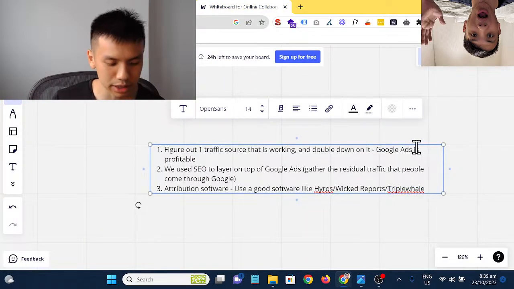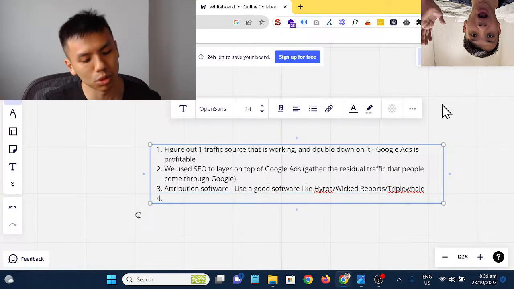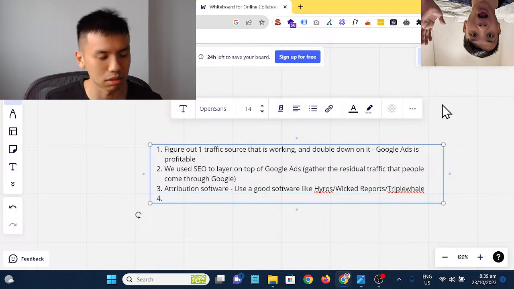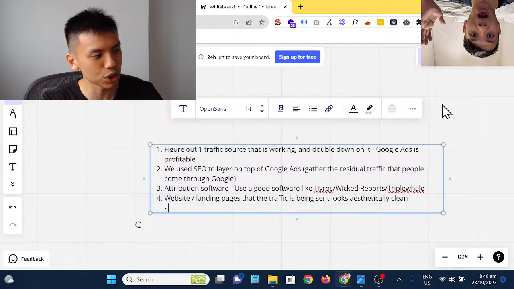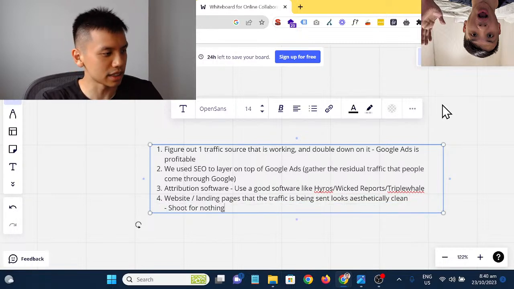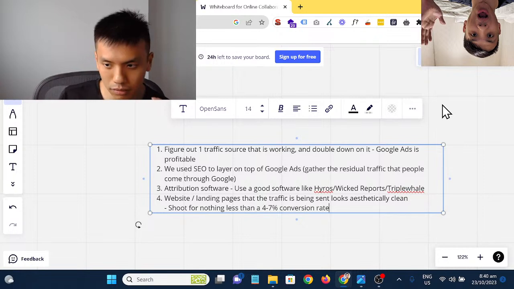So that's the attribution side of things. And then the next thing that we did, to really push this to the limit, quote unquote the limit, is to ensure that the website or the landing pages that the traffic is being sent to looks aesthetically clean. And you should shoot for nothing less than 4 to 7% conversion rate.